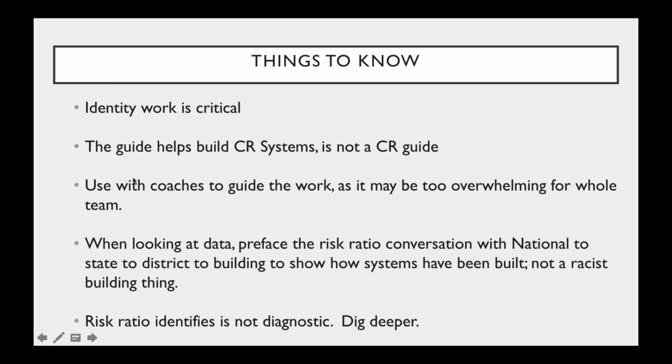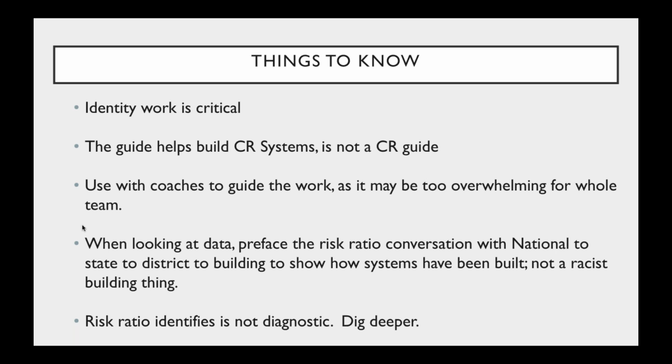Because what we want people to understand is that we're not generally creating racist systems. We're not creating buildings that are actively finding ways to be discriminatory towards students. What it does show is that our systems were built in a very specific way.